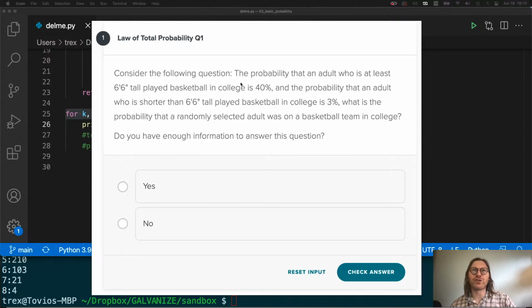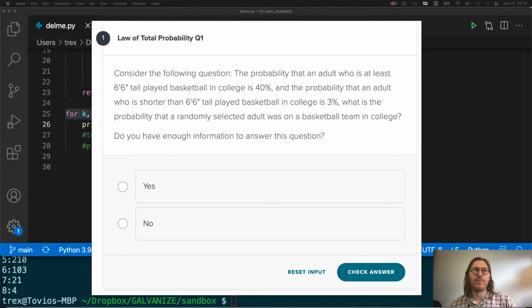So consider the following question. The probability that an adult who is at least 6'6" tall played basketball in college is 40%. And the probability that an adult who is shorter than 6'6" tall played basketball in college is 3%. What is the probability that a randomly selected adult was on a basketball team in college?